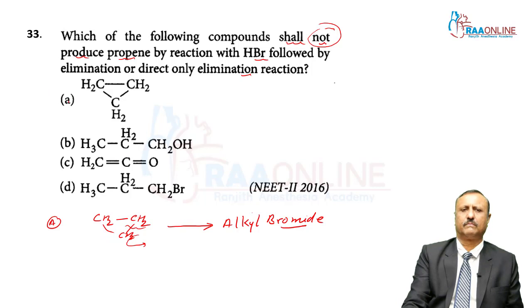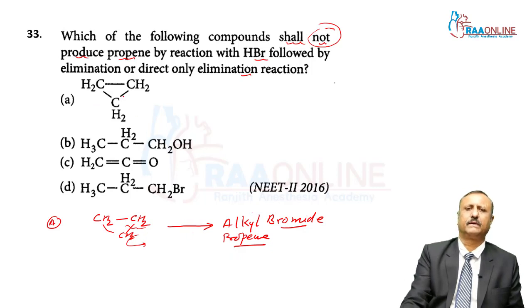Now, my dear friends, it is not the answer, but this reagent gives us propene. But the question is which compound shall not produce propene? So this compound produces propene. Now we can see the B compound.